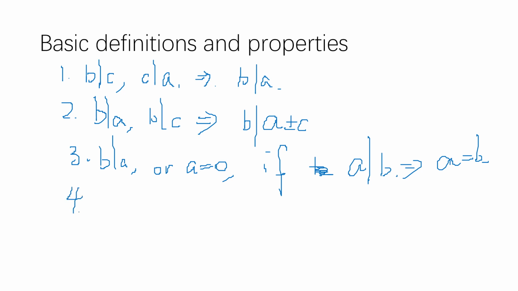For the fourth one, also the last property, suppose A and B are integers. This is the symbol of integers.